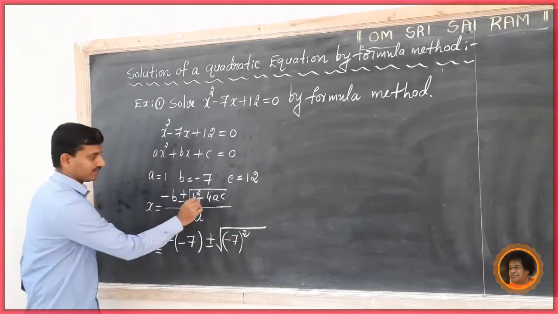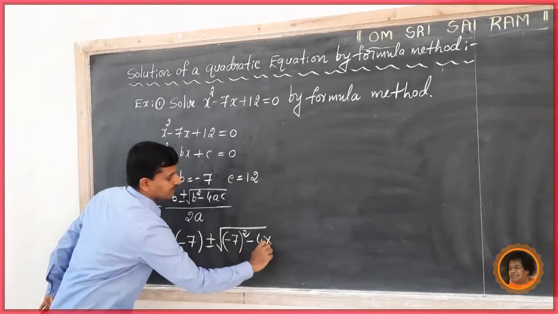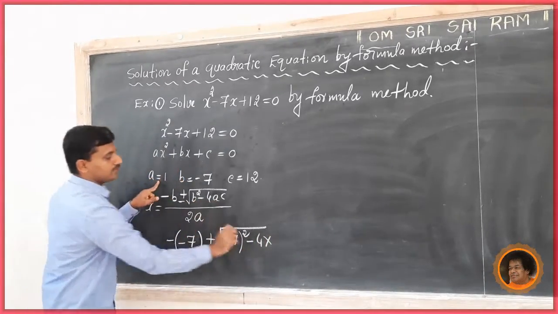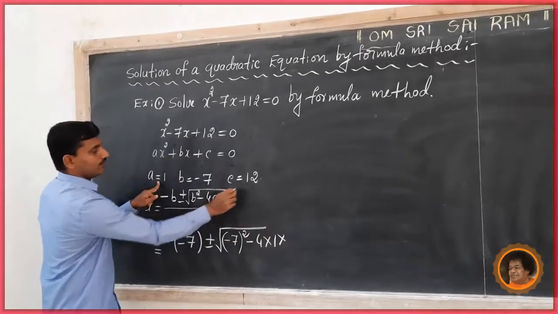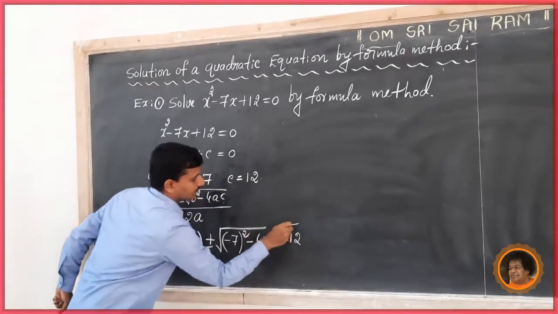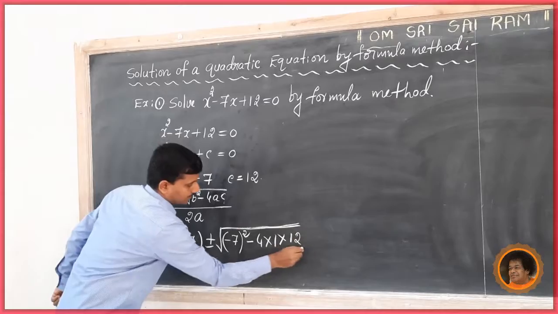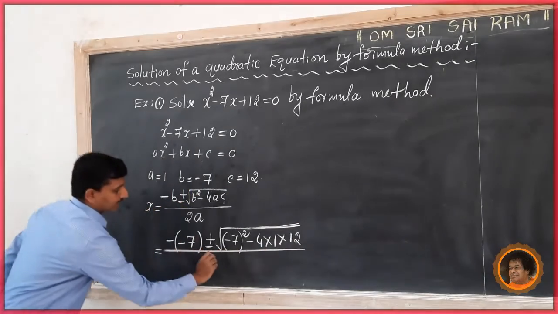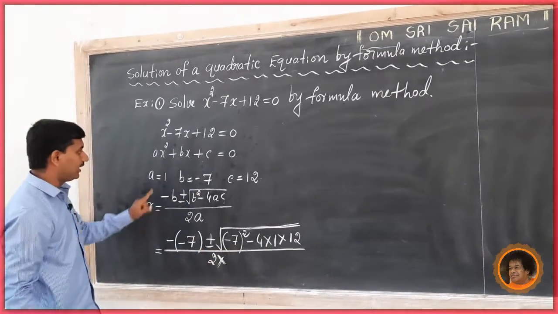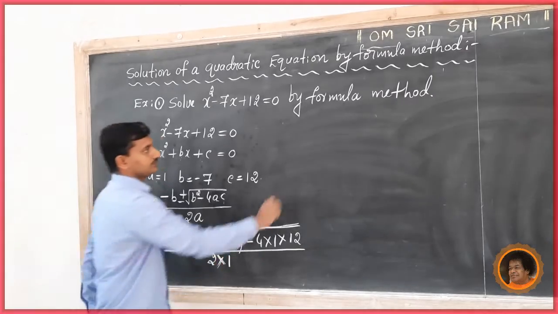Minus 4 into a value, a value is 1, into c value, c value is 12. Divided by 2a, 2 into a value 1.